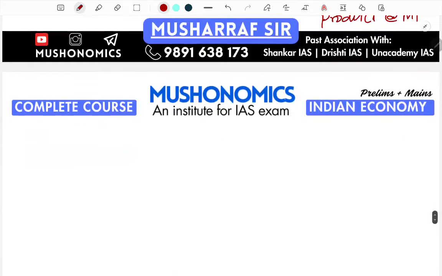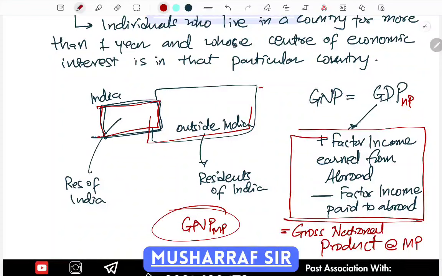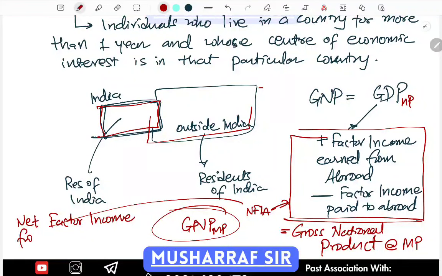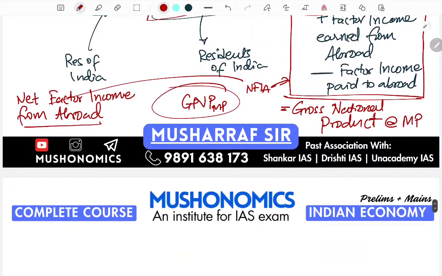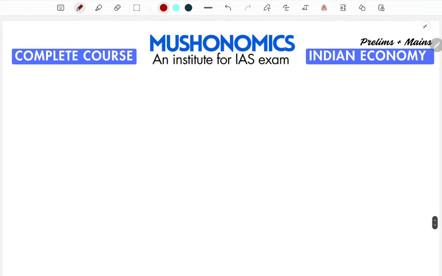Now this factor income earned from abroad minus factor income paid to abroad is known as NFIA. What do we mean by NFIA? NFIA is nothing but net factor income from abroad. So this is how we get GNP from GDP, right?